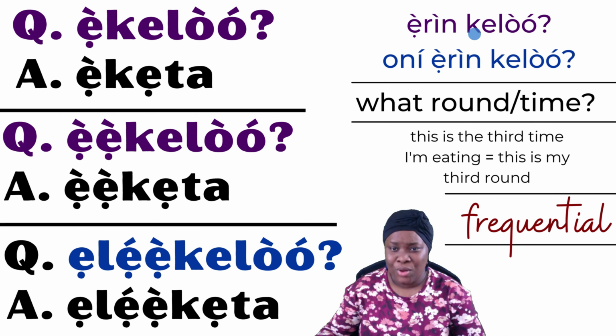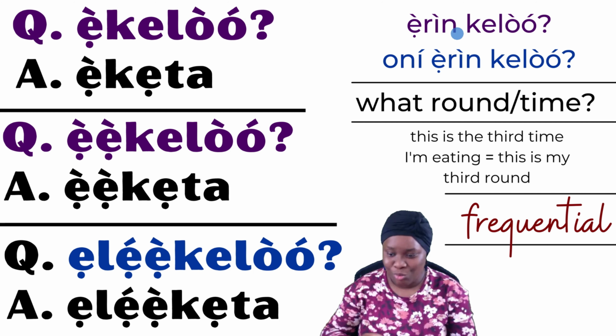Erin kelo, erin, rin is walk. How do I describe it? Erin kelo, what walk, what round? Let's say somebody walks by the first time and they walk by the second time, or something goes by the first time, and then it goes by the second time, and then by the third time.